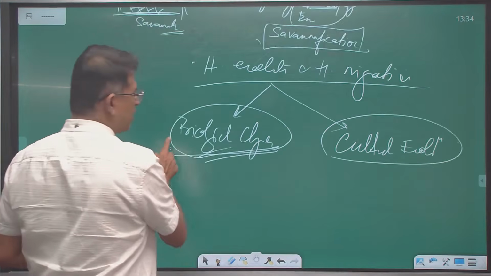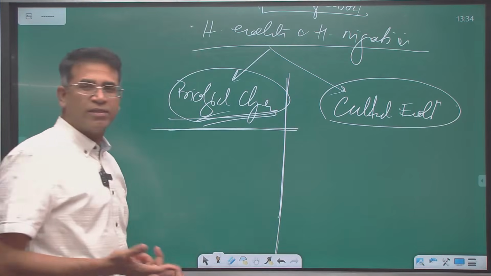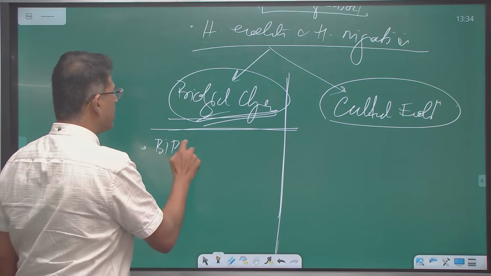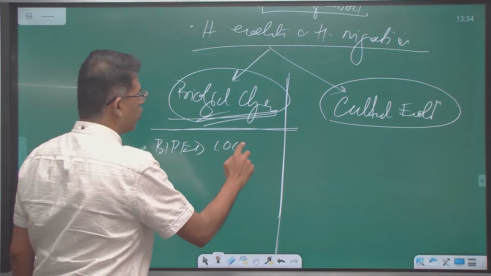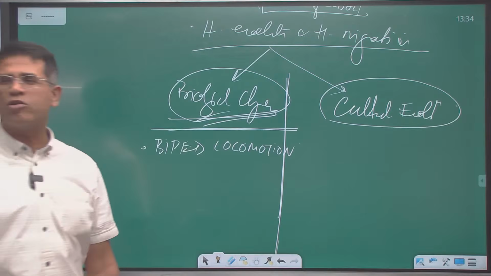Biological changes kya tha? You can take a list. Biologically, what changed? The most important thing is biped locomotion. It basically means walking on two legs.